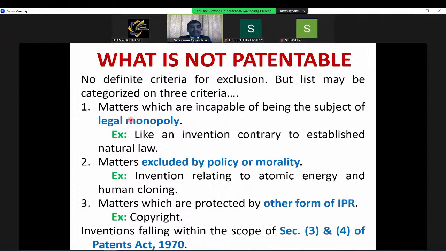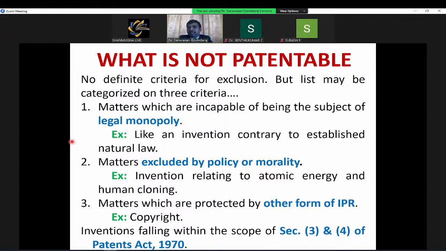And when the matters are excluded by policy or morality. For example, atomic energy and human cloning. By means of policy or morality, human cloning and atomic energy are not accepted. Because of that, you can't get patent rights for atomic energy and human cloning. And when some matters are protected by other forms of IPR.